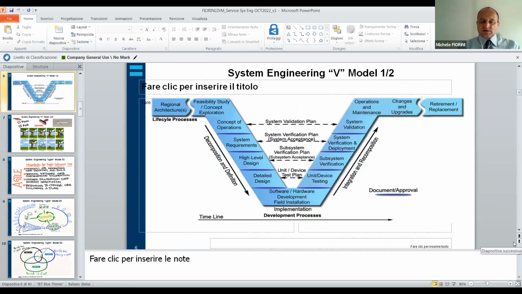The first one is the classic V model applying system engineering. We have the first part of the V, which is the decomposition of the system, starting from user needs, going to the system requirements, system design description, software development, and then we start to integrate the various components, start testing, start to deliver, and then maintenance.